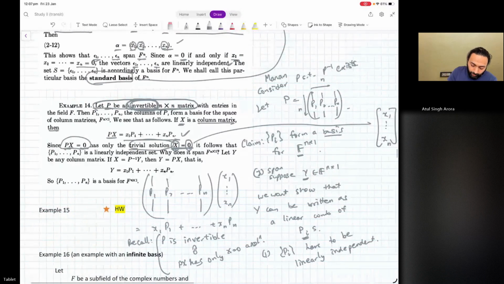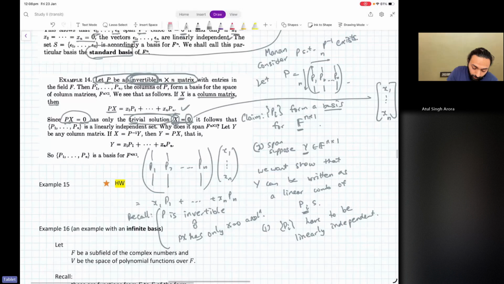So perfect. And now what does Px equal to 0 mean in terms of this? It basically means that this has to be 0. So this statement is saying that the only way the sum over xi pi is 0 is if xi is 0 for all i.